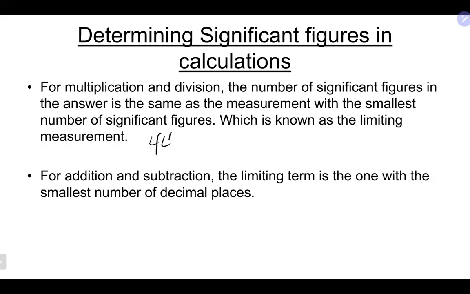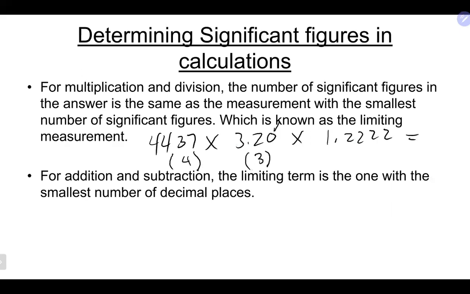So if we took 4,437 times 3.20 times 1.2222, this has 4 significant figures, this has 3 significant figures, as that 0 is significant because of the decimal point. The answer should end up with 3 significant figures. I hate this calculator, but I'll give it a try.